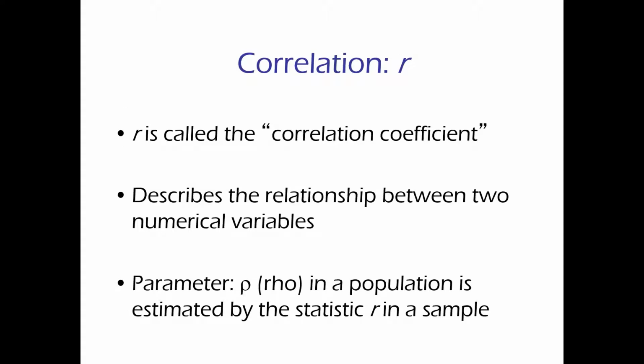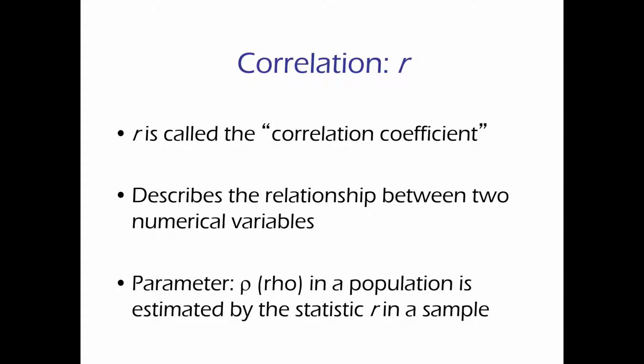The test statistic in correlation is R, which is called the correlation coefficient. We use it to describe the relationship between two numerical variables. The correlation in a population is described using the Greek letter rho.